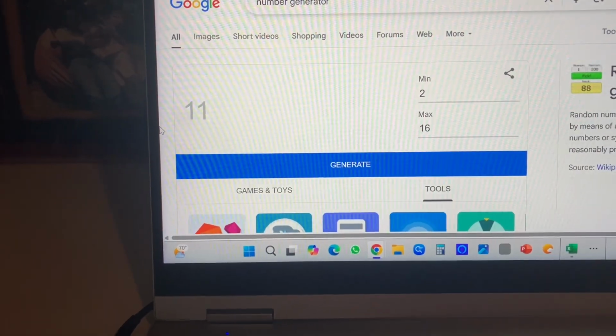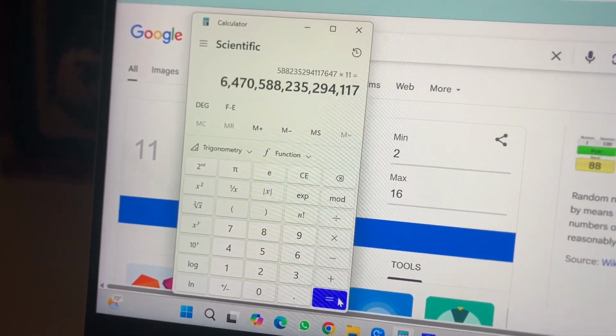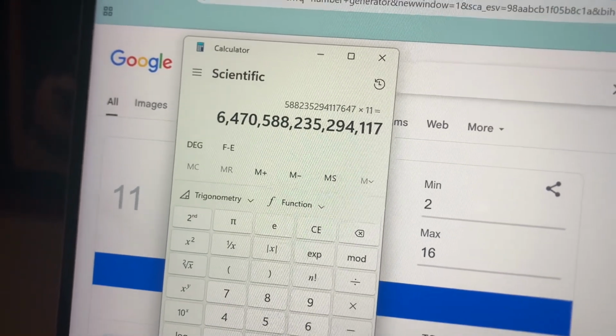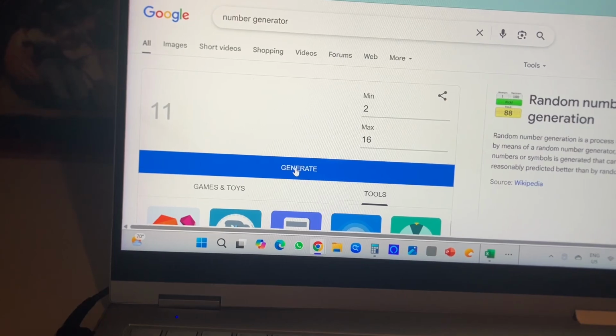And I got 11. Times 11 is 6,288,235,294,117. Now I multiply this number by 11. There we go. Wow, that is a huge number. Now let's see what other number I can multiply this by.